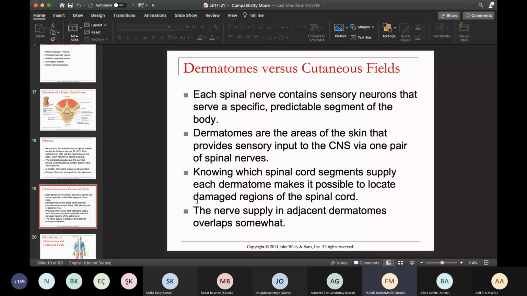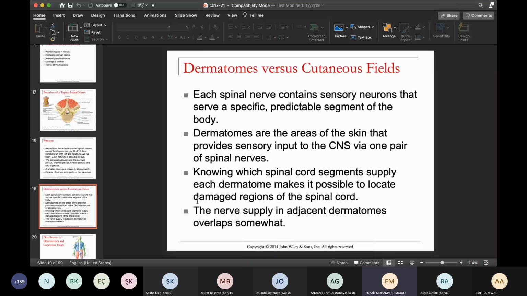We call these dermatomes. Knowing which spinal cord segment supplies each dermatome makes it possible to locate damaged parts of the spinal cord.